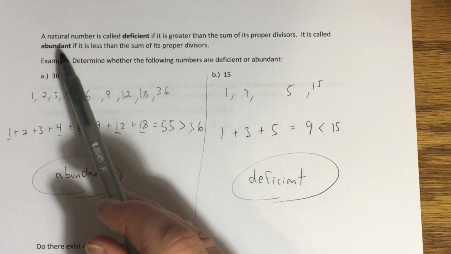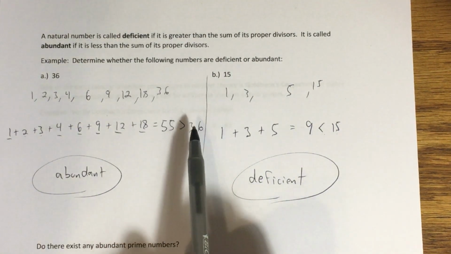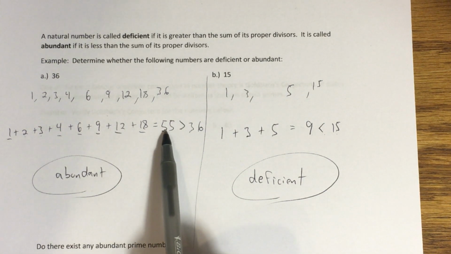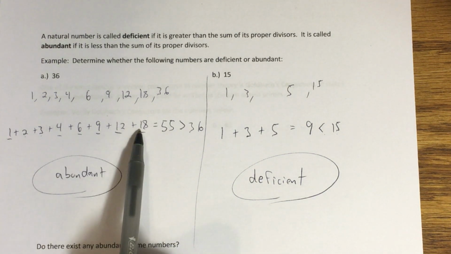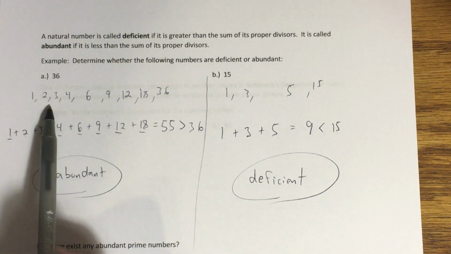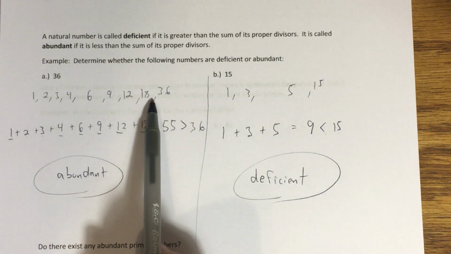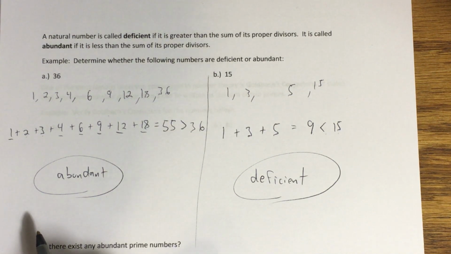It feels like greater should go with abundant. But here's the reason why. The fact that 36 was less than the sum of its divisors, in a certain sense, implied that it had a lot of divisors. Notice how big this list is. Because there were so many proper divisors, it added up to a number that was larger than 36 itself.